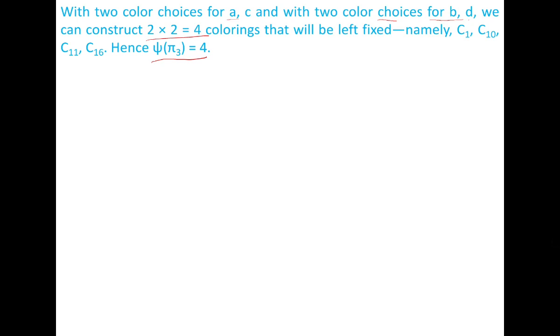Now to simplify this technique, we can recall the cycle associated with pi 3. So pi 3 can be written as (AC)(BD). AC means this cycle needs one color, so A and C should have the same color, and this cycle needs one color, so the total is 4 colorings. So psi of pi 3 is equal to 4.